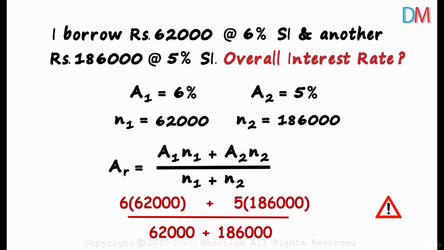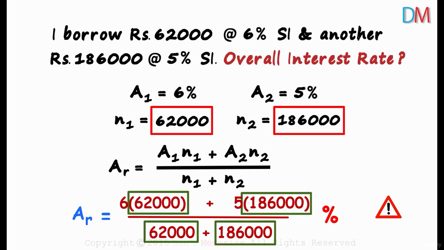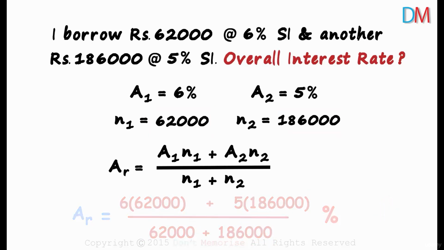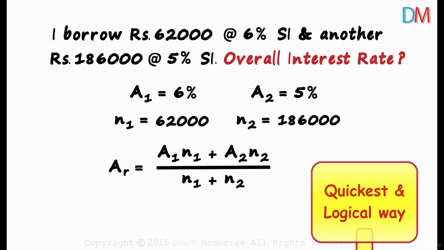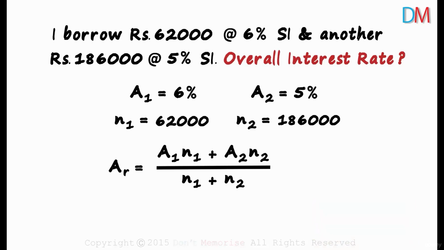If we keep both as percent, the overall average we get will also be in percent form, which is exactly what we want. And the second common error that students make is substituting the values of N1 and N2 as is. Remember, the exam is not testing your computational abilities. They are just testing your ability to find the answer in the most quickest and most logical way. None of these ways are wrong, but they are just time-consuming.